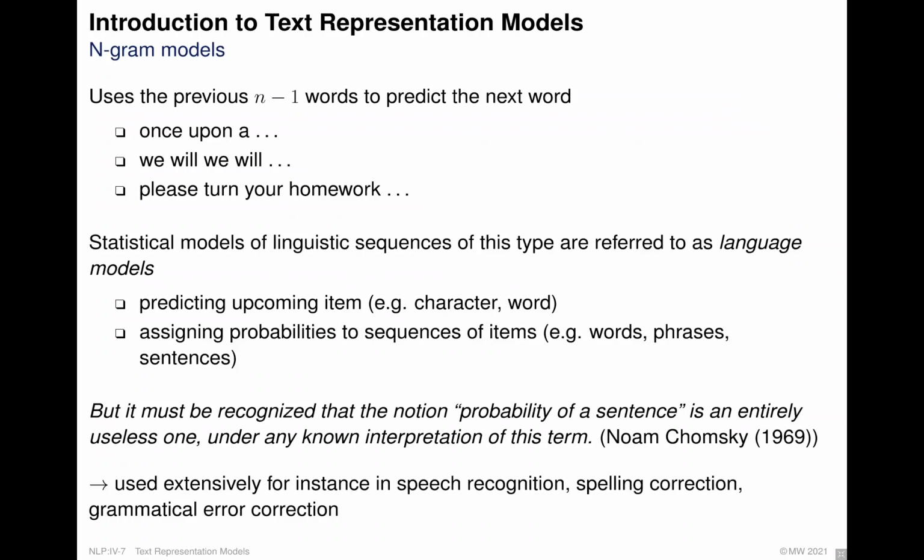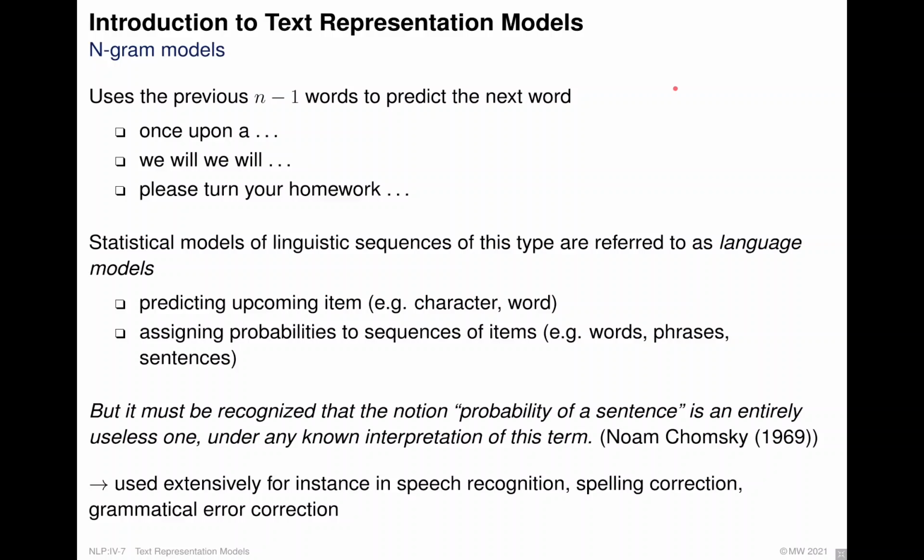Related to Ngrams is the question of whether we can somehow predict the next word based on some words that we've already seen. The general problem formulation here is: given some history, can we predict the next event?